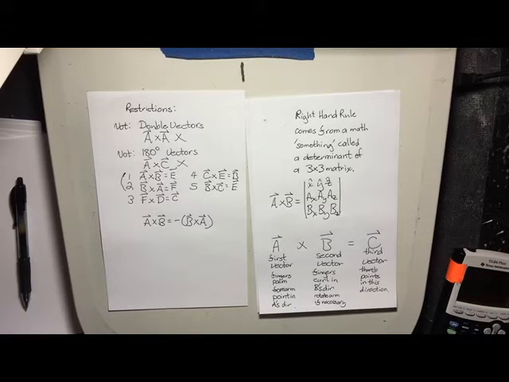It doesn't matter about the orientation. You can have it like this, you can have it like that, you can flip it over, you can hold it upside down. The answers will be the same.